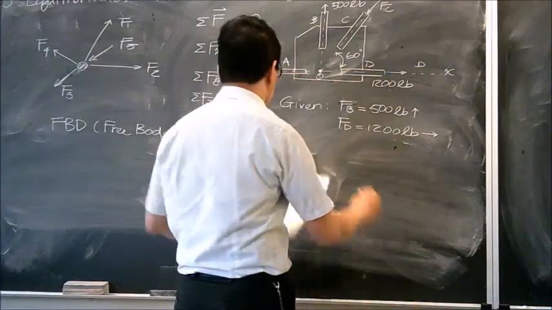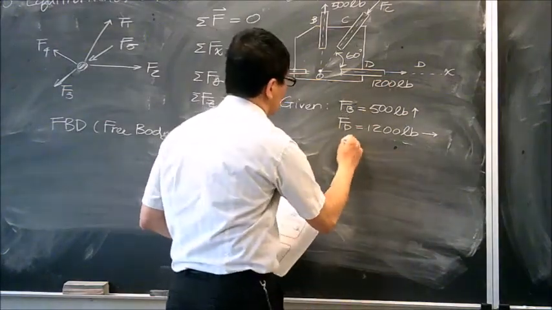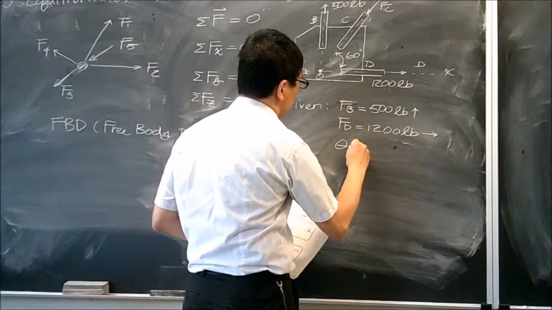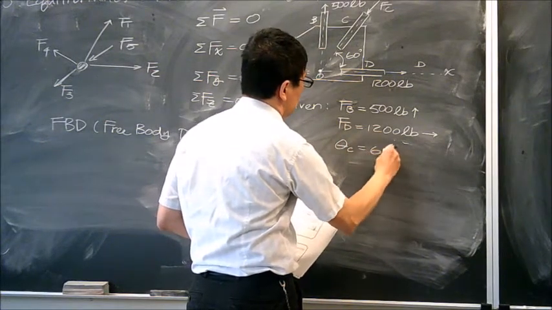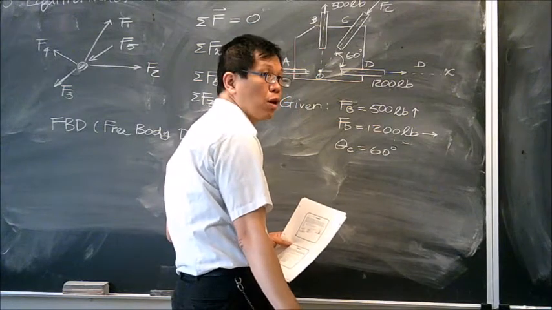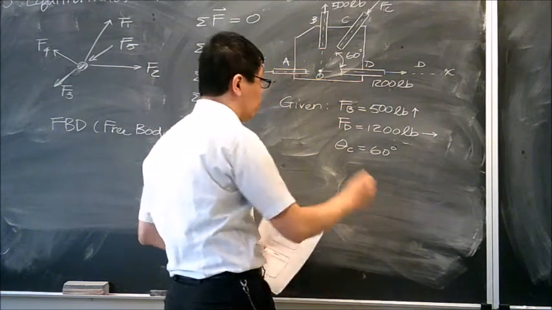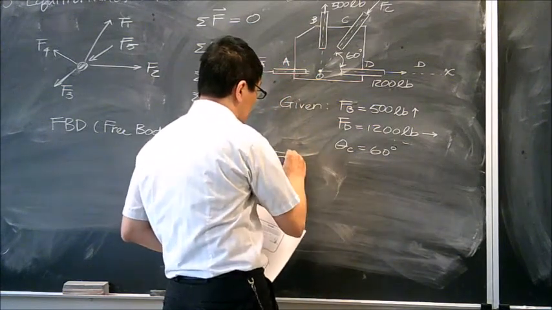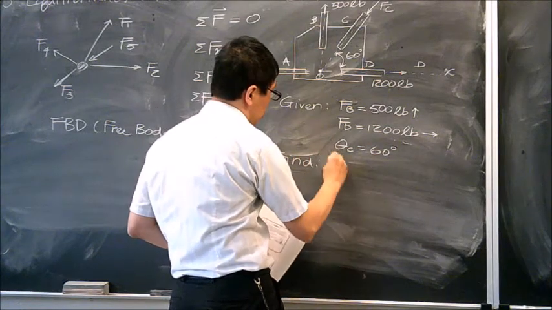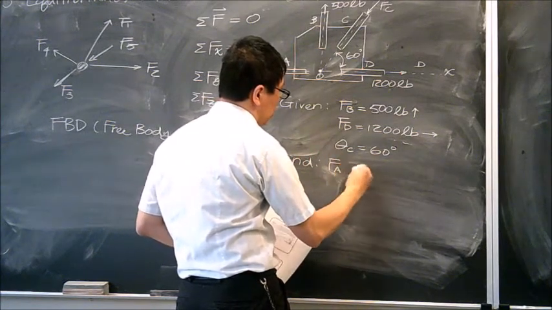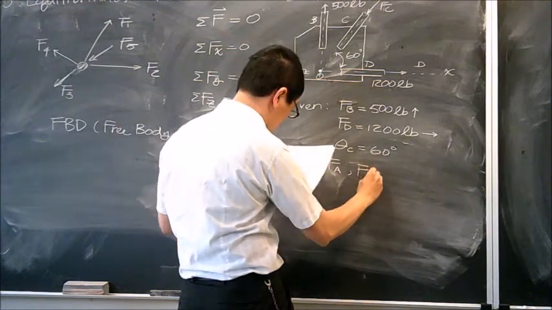We are also given that theta for FC is 60 degrees. Those are the information that we know. We would like to find two things: the magnitude of FA and FC.